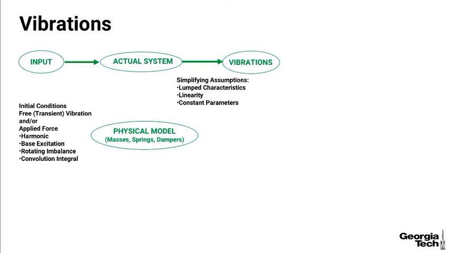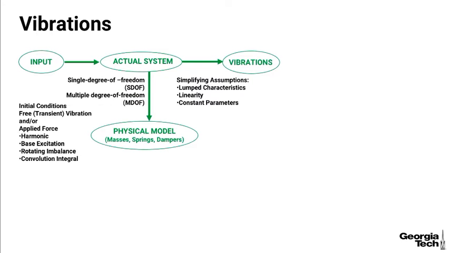We look in a single degree of freedom and multiple degree of freedom at lumped characteristics. Later on in the continuous system, they won't be lumped, but we will look at linearity so that we can use the principle of superposition, and it makes the solutions more straightforward. And the systems that I am covering in my courses have constant parameters. There's no change in the parameters as a function of time.